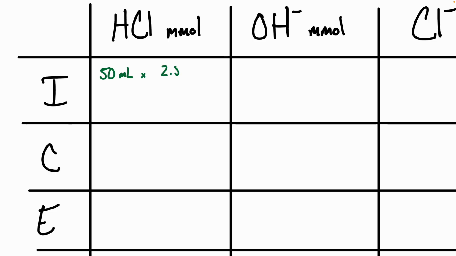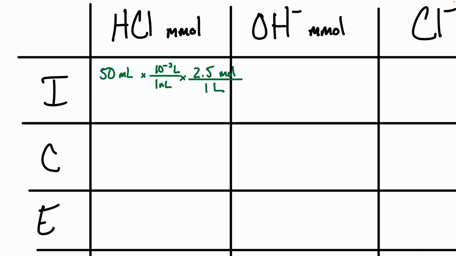So it's going to be 2.5 moles of HCl over 1 liter of solution. Now, if we really hate this, we can always stick another conversion factor in here that's going to jump us from milliliters to liters, and then we'd be in units of moles.